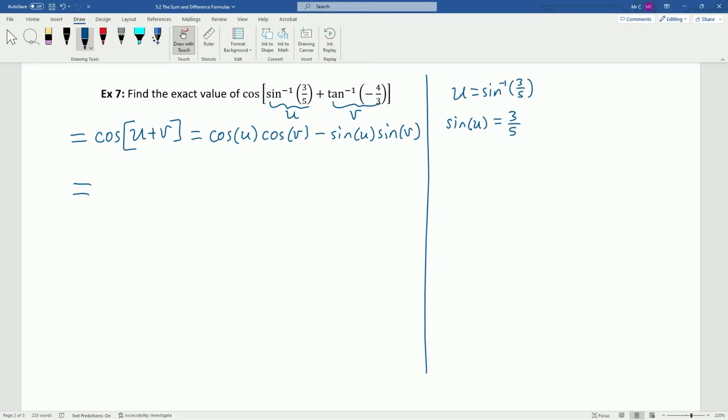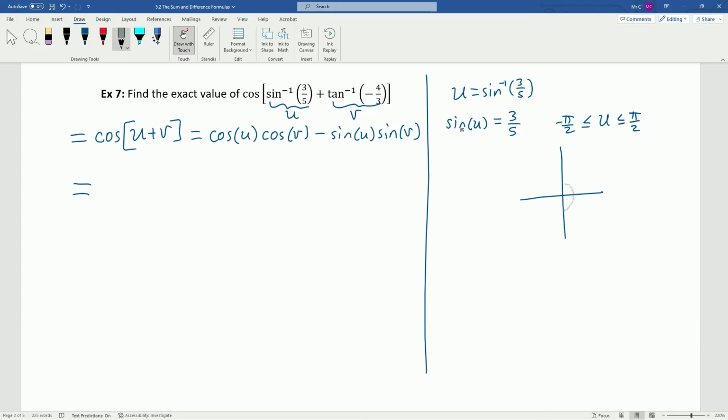So this u value for inverse sine has to be between negative pi over 2 and pi over 2, which tells us that our angle u is in either the first or fourth quadrant. The question is which one.